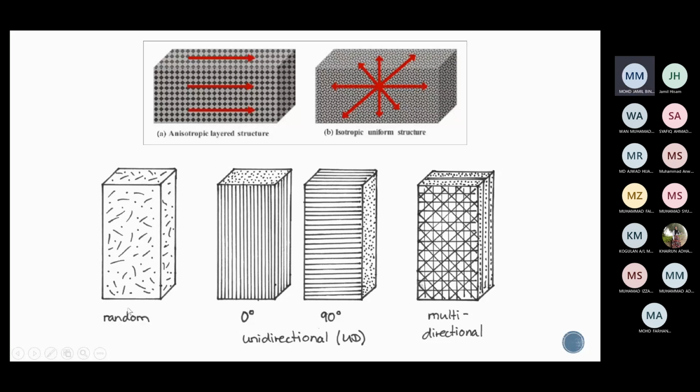For example, the random one here is isotropic, while the other three blocks here represent materials that are anisotropic, following certain directions. Sometimes in a material there are many directions, and we call it multi-directional material.